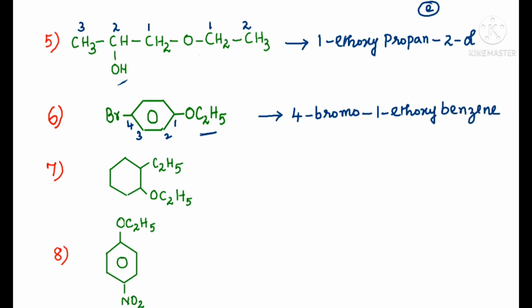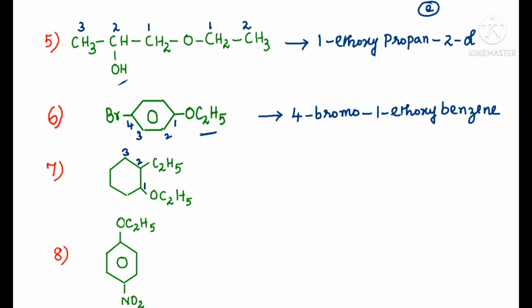See the next compound. This is a cyclohexane, a cyclic compound, and we are having a substituent here, C2H4, an ethyl group, and the ethereal oxygen is attached to an ethyl group. So this is an ether. Here also you can number the compound. We'll give the first number to the ethereal oxygen: 1, 2, then comes 3. So how will you write the name of the compound?